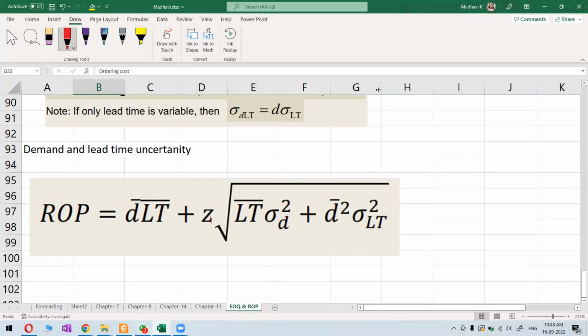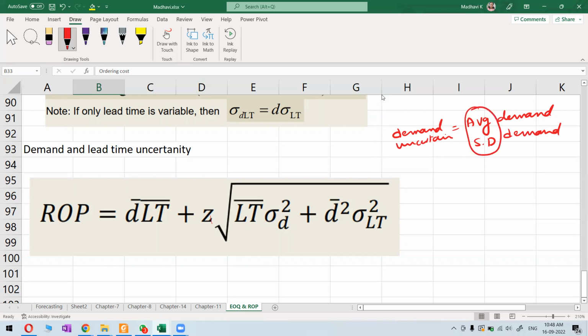A few pointers that I would like to mention over here. One is whatever is uncertain. If demand is uncertain, they would be mentioning average demand. The terminology of the questions would be like, if demand is uncertain, only then we will talk about average demand and standard deviation of demand. If lead time is uncertain, then they would be talking about lead time average and standard deviation of lead time. So in the question, we can go through what is the average concept that they are talking about.